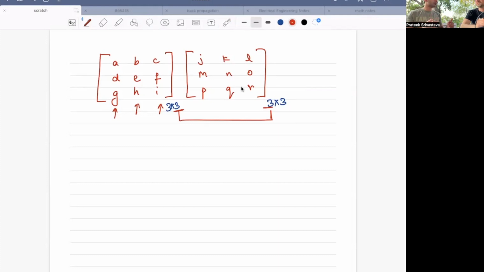Now, in order for any matrix multiplication or matrix vector multiplication to happen, we first look at the shapes of the two things. For this purpose, let's even consider the vector to be a matrix of one row. So the number of columns of the first matrix should be equal to the number of rows of the second matrix.